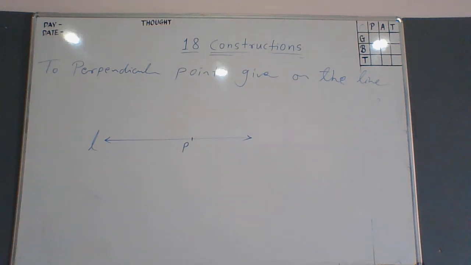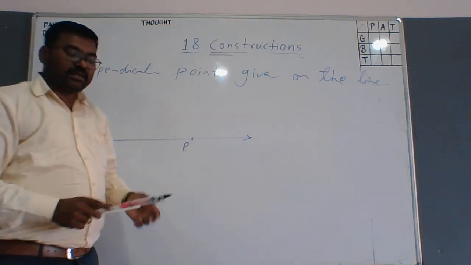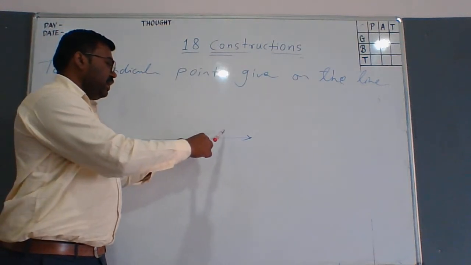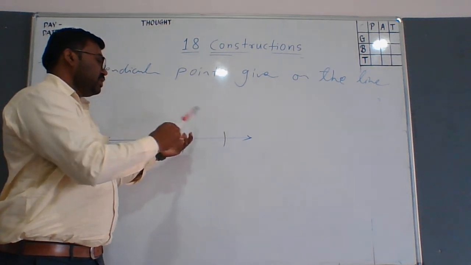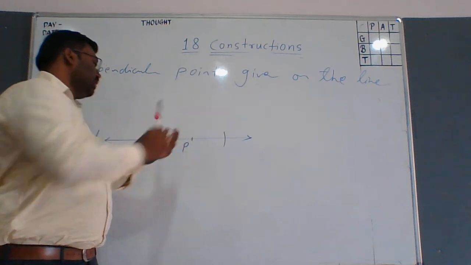Okay. Now for that, see what is the procedure here. Put the pointer on P. Take any distance. Put the pointer on P. Draw the first arc on the line and also the second arc on the line.